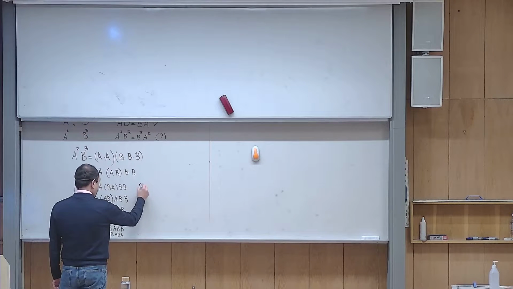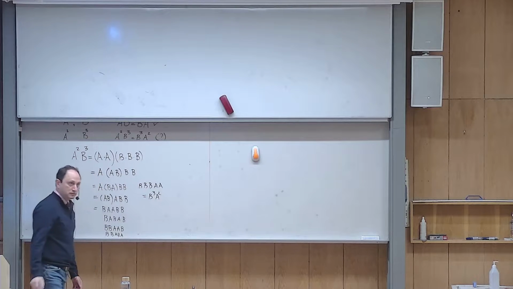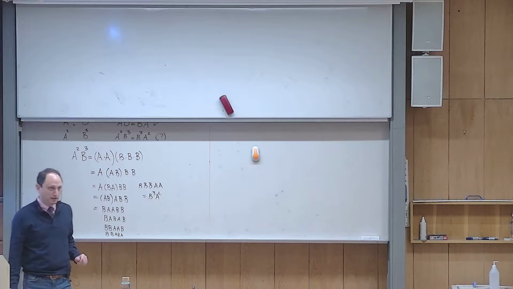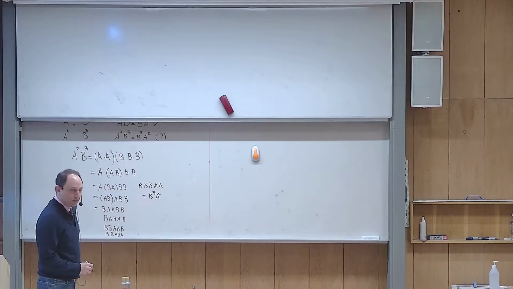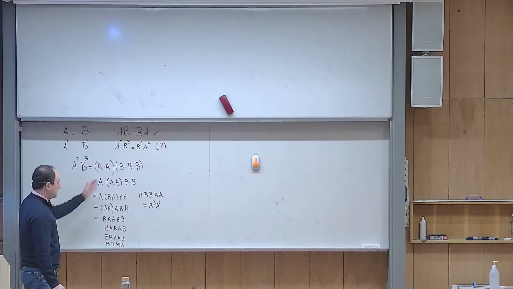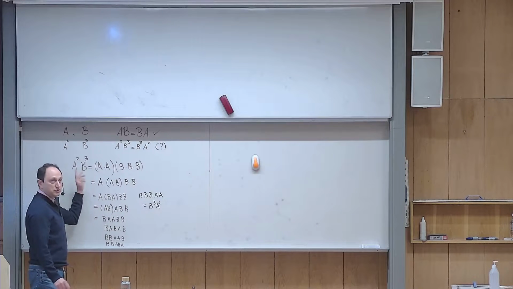This becomes B, B, B, A, A, and this is B cubed A squared. I'm not saying that I did it very efficiently. Might be you can find it in less number of moves, but this is possible. So I'm using associativity and the commutativity to be able to flip these two finally.